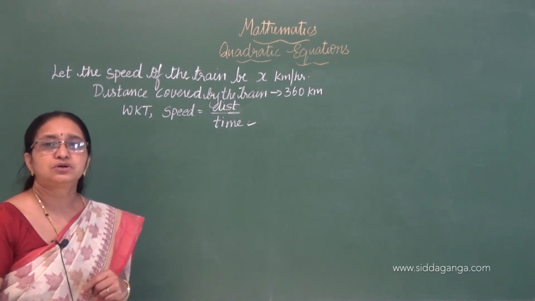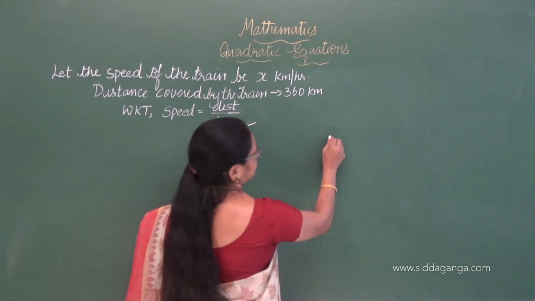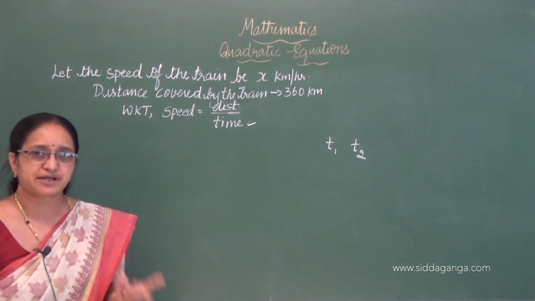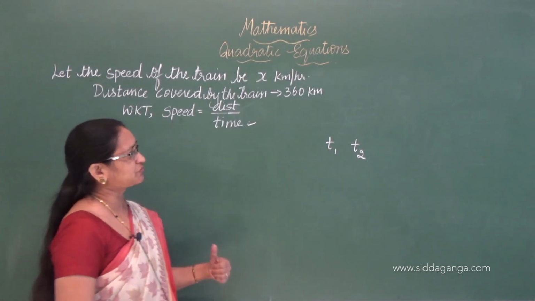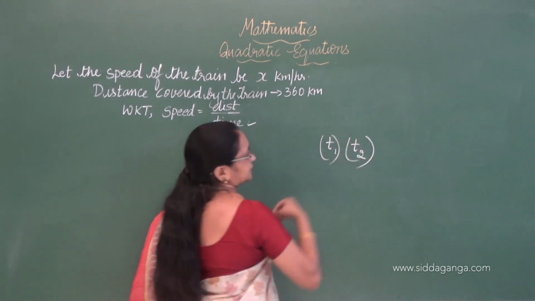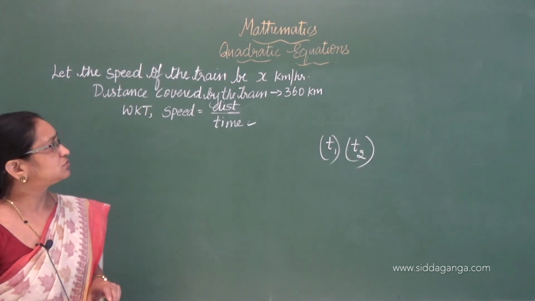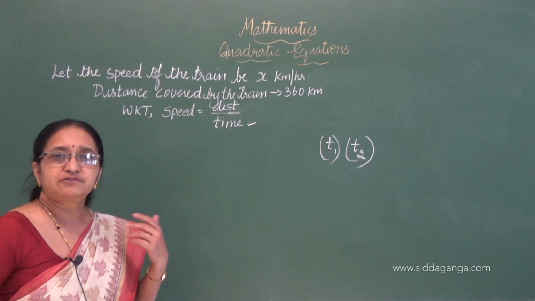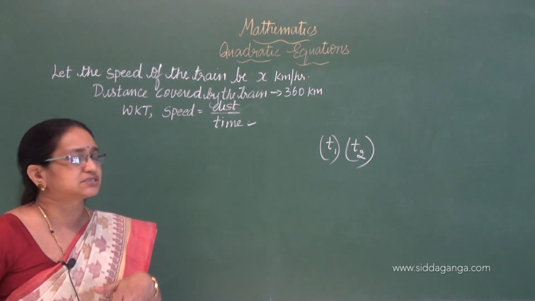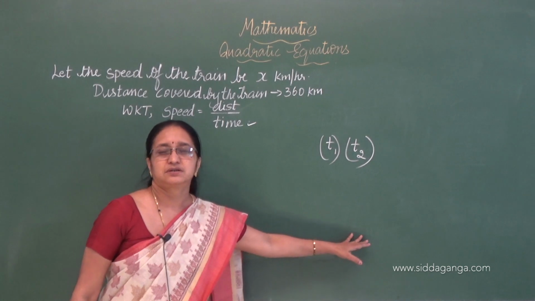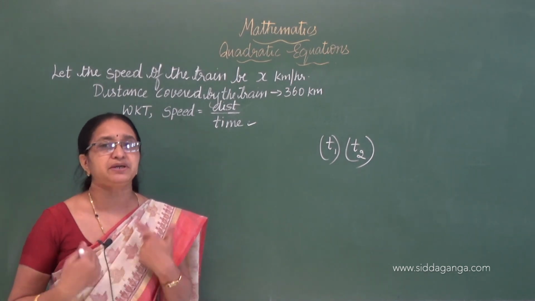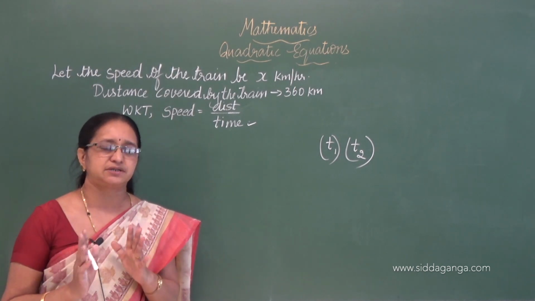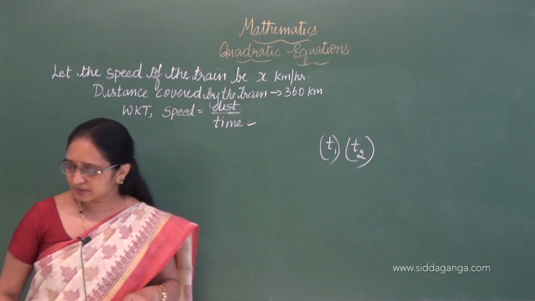Suppose you are taking time t1 and t2 as the times taken by the train, then you should decide whether t1 is greater or t2 is greater. If the speed is increased, definitely the time will be less. If the speed is decreased, the time will be more. Keep that in mind when working out speed, time and distance problems.